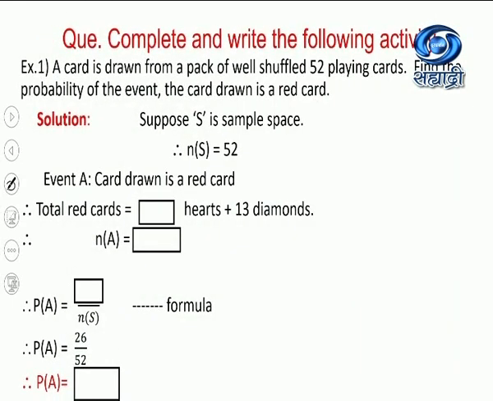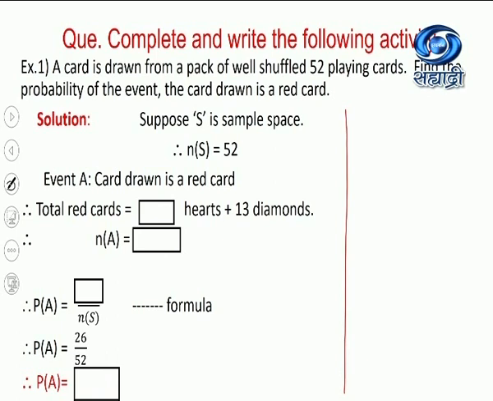Now next one, complete and write the following activity. So children, whenever you are solving any activity, you need to copy that activity as it is along with boxes, and later on you write down your answer. You need to do one partition here and do any calculation on the right side if you want to.